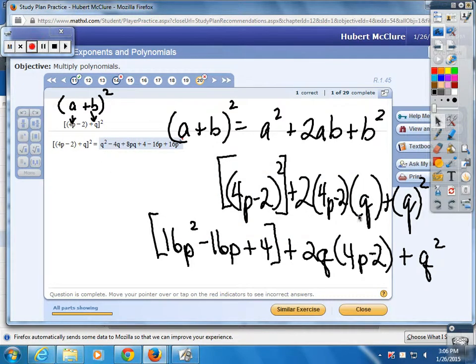Q squared, there's our Q squared, plus 4, minus 4Q is right here, plus 8PQ is right there, minus 16P, plus 16P squared, and there's the 4 right there. So it comes out right.